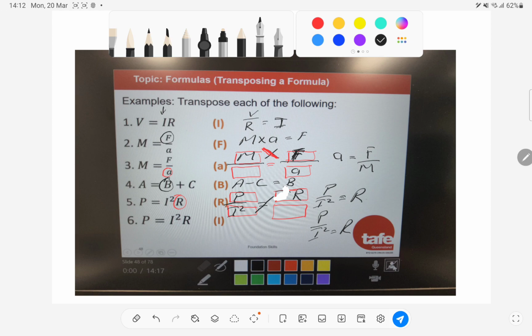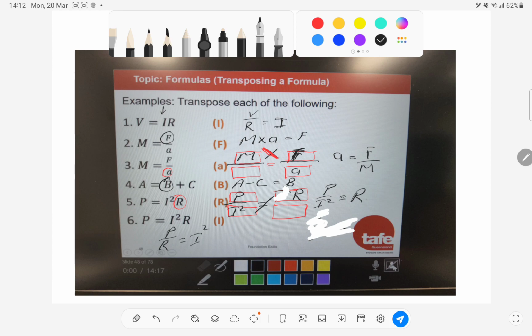In this case, I want to find I now for the next one. So let me just get rid of these. Just get some space. Right. Now, I. First of all, I know that I'm going to have P divided by R, but then I'm left with I squared.